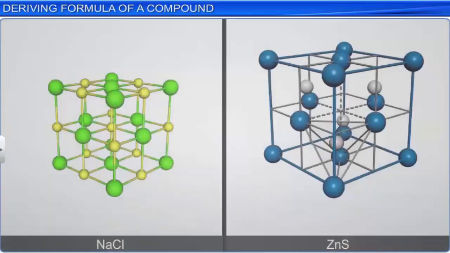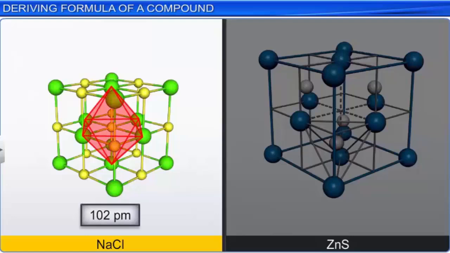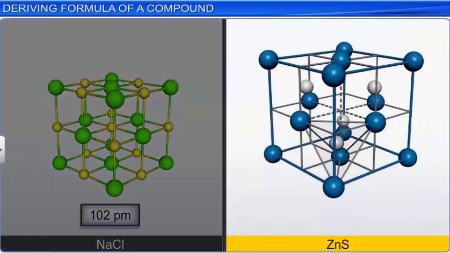For example, sodium ions having a size of 102 picometers occupy the octahedral voids in a sodium chloride lattice, and the zinc ions with a size of 74 picometers occupy the tetrahedral voids in a zinc sulfide lattice.